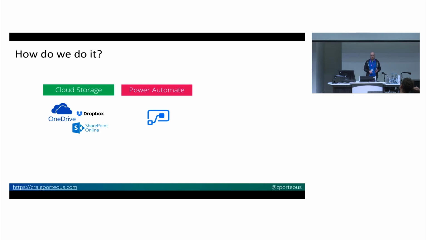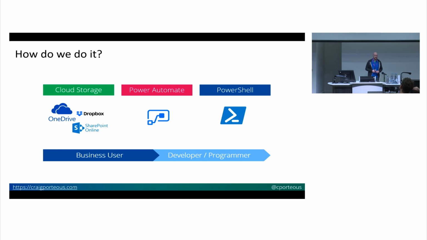You've then got Power Automate, which allows you to easily automate tasks and build in a process around how you capture your reports. And at the end, you've got PowerShell, where you can interact with the Power BI API, but you require PowerShell knowledge. So they sort of vary from business users can easily do this themselves all the way up to this requires a developer and programmer.